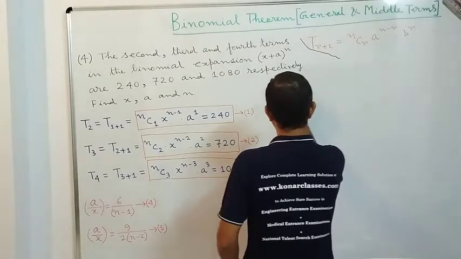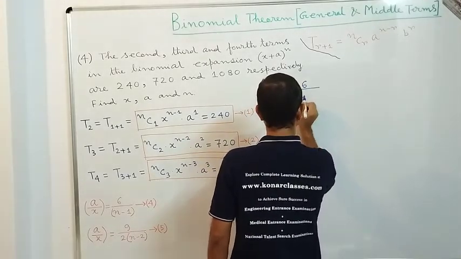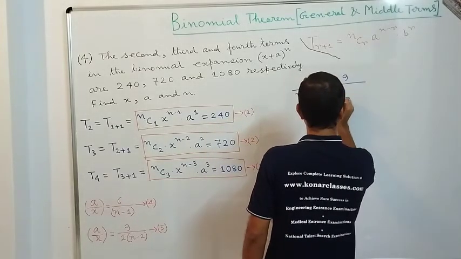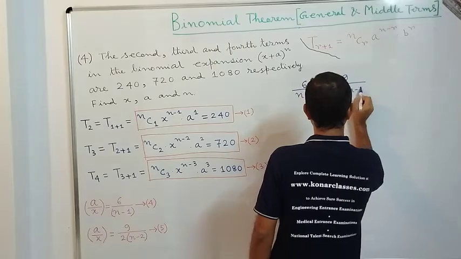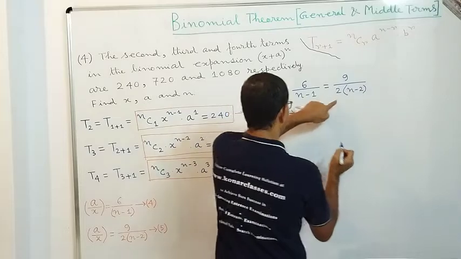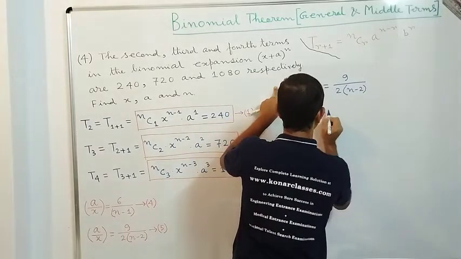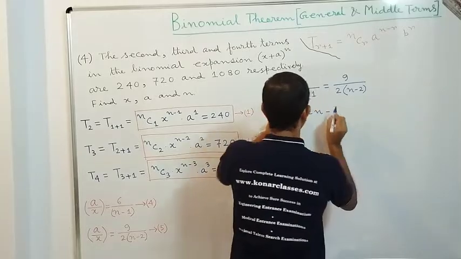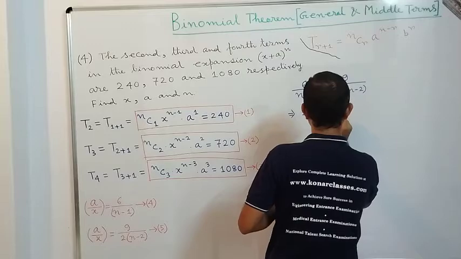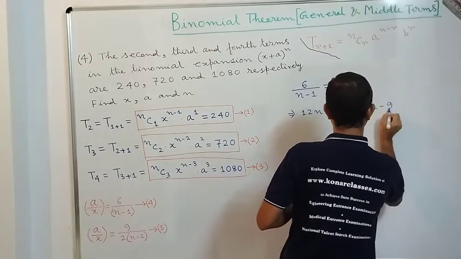So from 4 and 5, we get 6 by n minus 1 is equal to 9 by 2 into n minus 2. This implies, if we cross multiply, 12 into n minus 24 is equal to 9 into n minus 9.